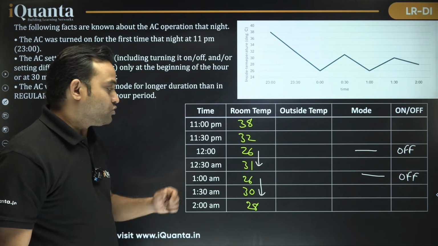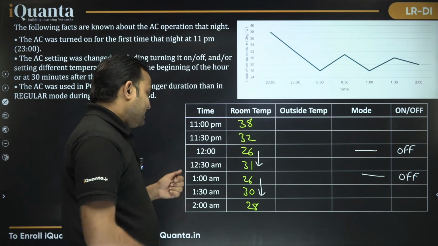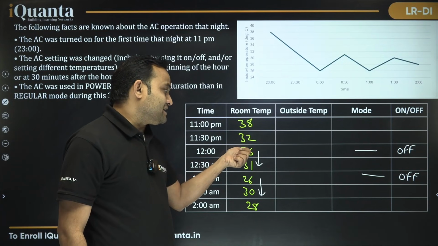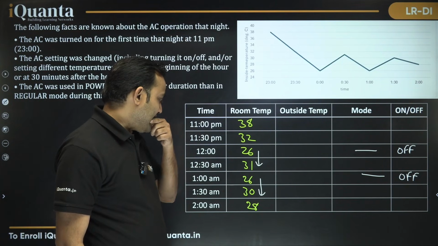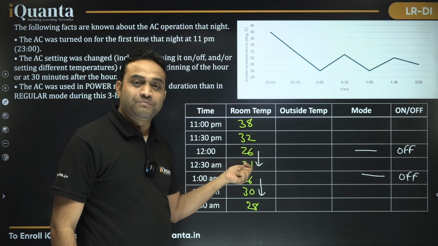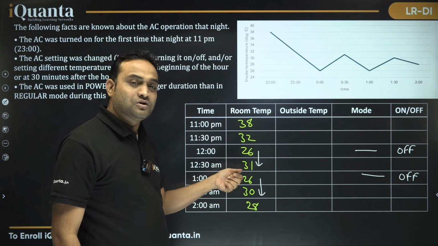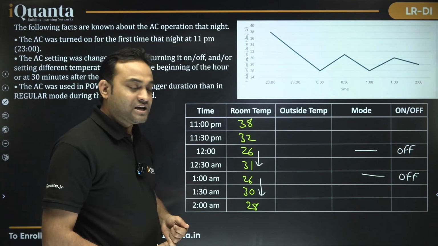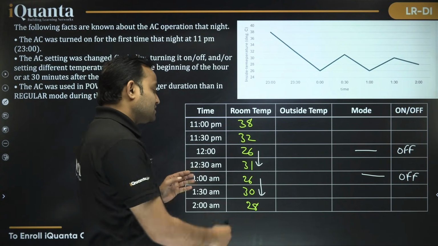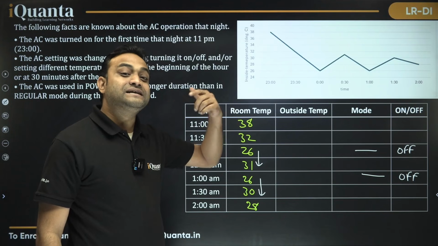Now, one more thing. We know that at 12 o'clock, AC has been turned off, and at 12:30 am, the temperature was 31. If AC was not turned on at 12:30 am, can we say at 1 o'clock the temperature must have been increased by the same rate?